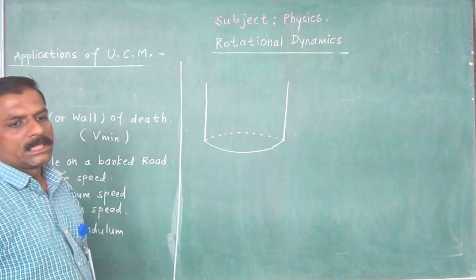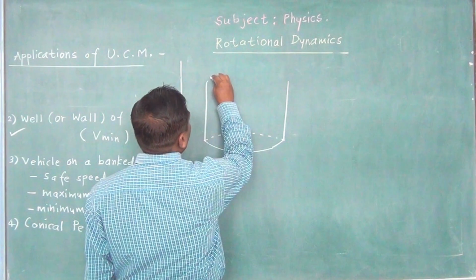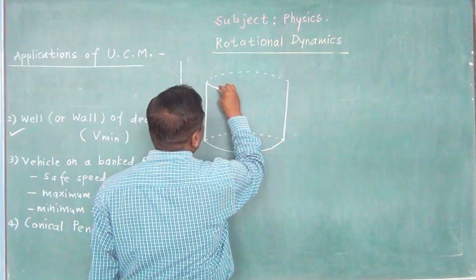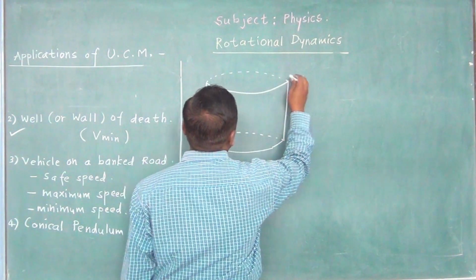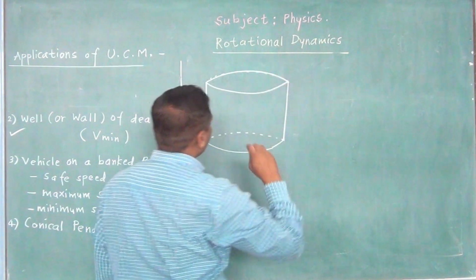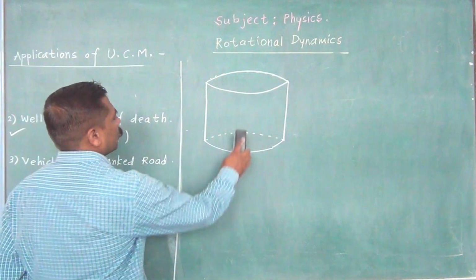This is the lower part which you can observe. Similarly, we can show the upper part like this. So you will find this is the diagrammatic representation for the well or wall.